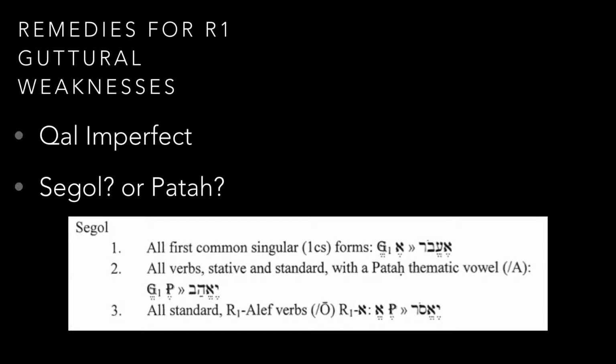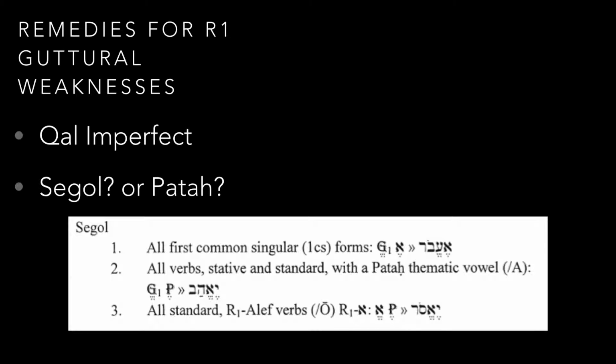As it relates to the Qal imperfect, we're looking to see if we have a segol or a patah. Which one is it? Which do we use? We're going to use a segol when we have the first common singular, which is the aleph preformative. Again, this reminds us of our Qal paradigm, ektol.